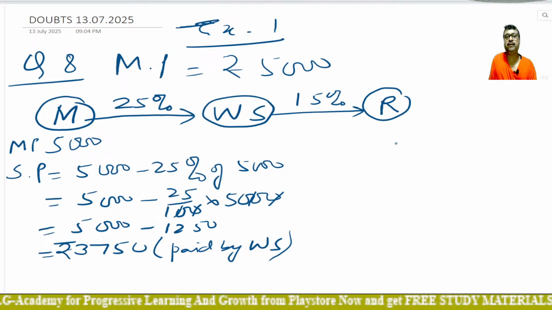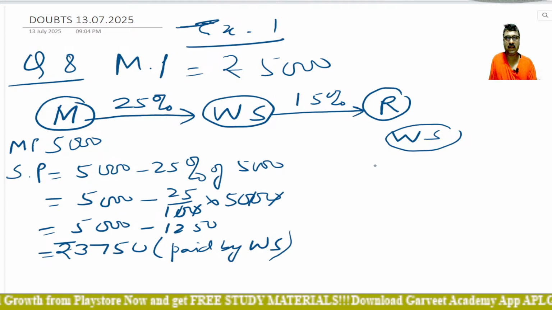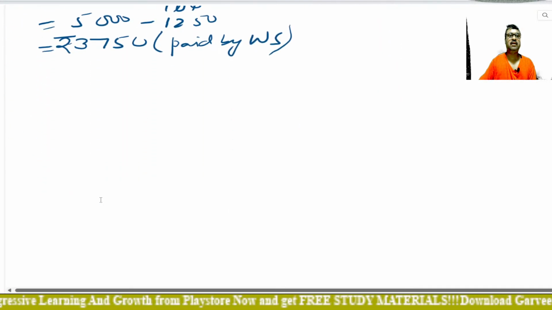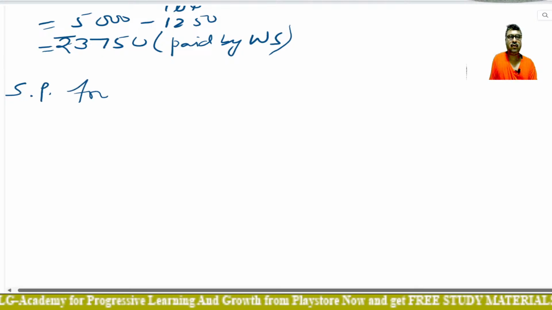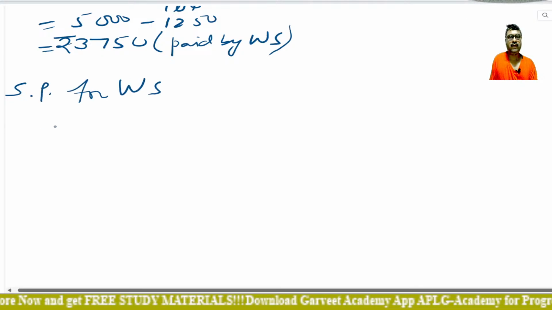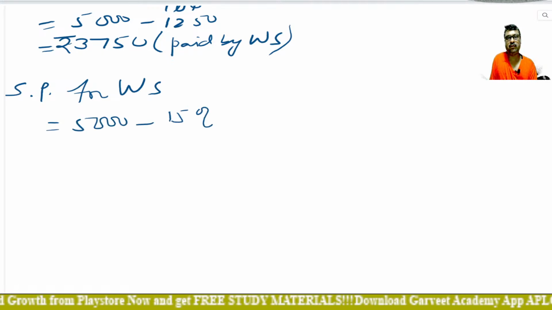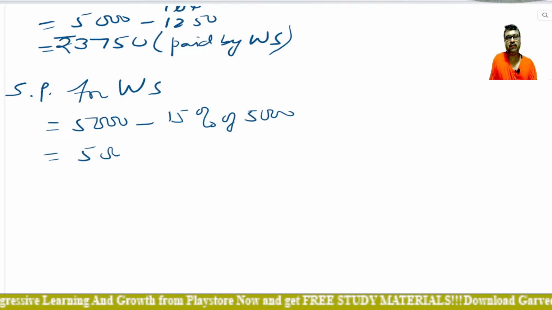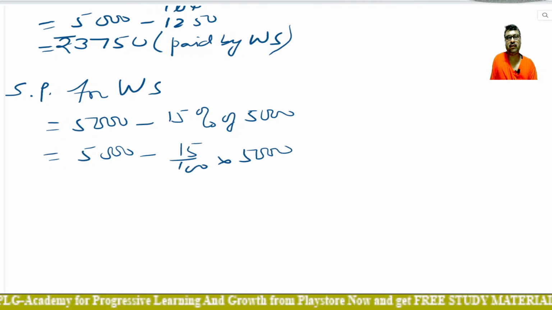And the wholesaler is selling it to the retailer at a 15% discount. So the selling price for the wholesaler, let's calculate it below. The selling price for the wholesaler is 5,000 mark price minus 15% of 5,000.